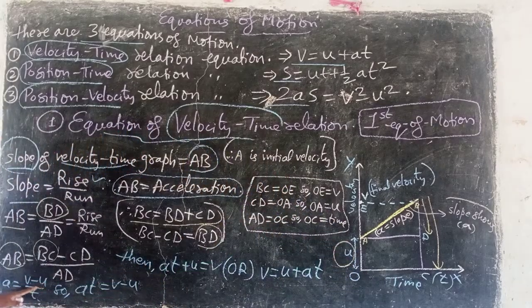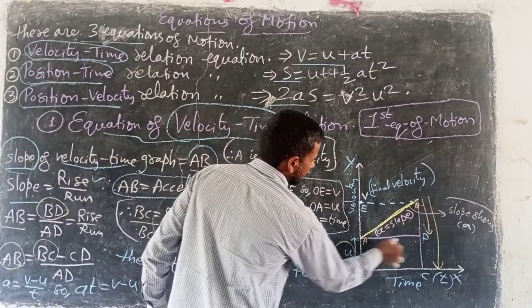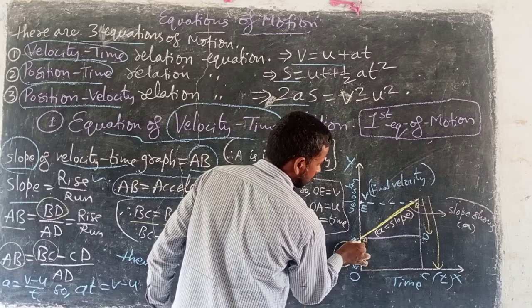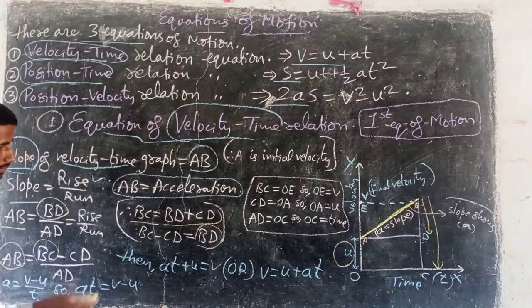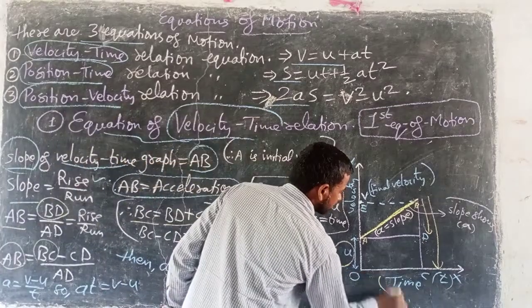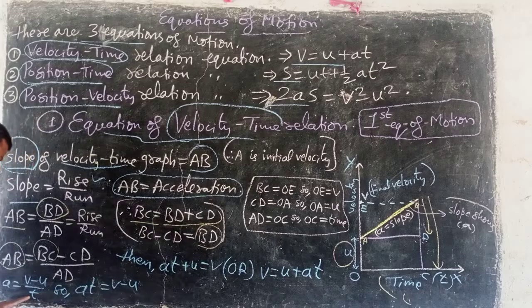What does AD show? A and D are both parallel for time. A to D is time t. So (v minus u) by t.